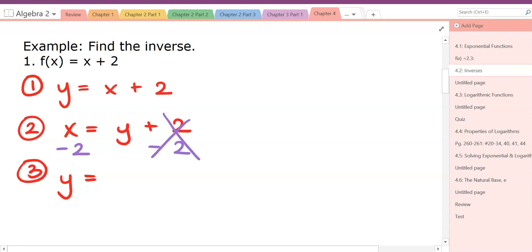I like my y to come first in my equations. Now what's left on the left side here was that x, and we had to subtract 2 from it. So now it's going to say y equals x minus 2. Okay, and then the last step is to switch out that y with that f prime of x so that we're talking about its inverse.